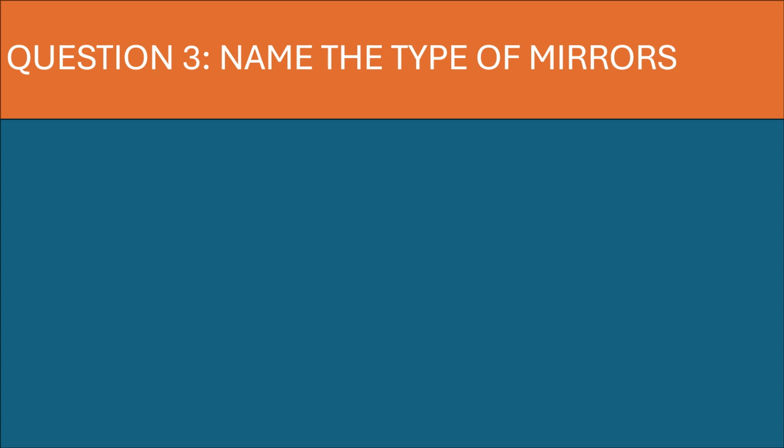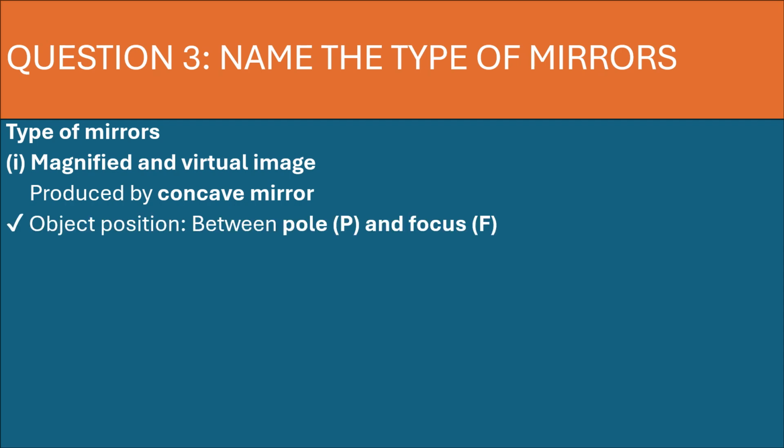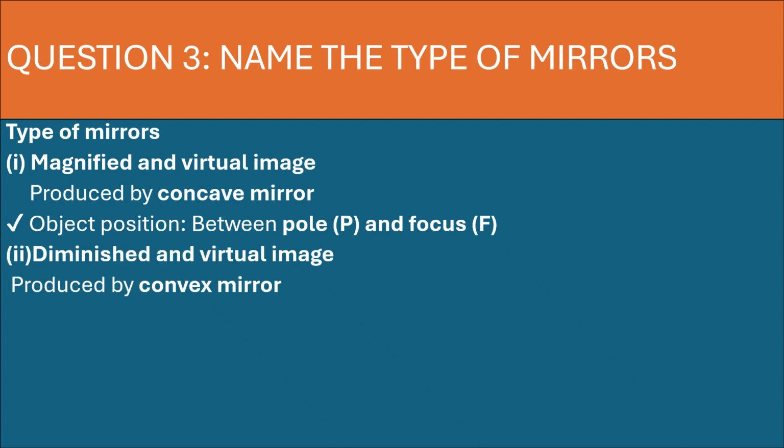Now, name the type of mirrors. This is just a mixed bag type of question which I wanted to share with you all. If we understand the magnified and virtual image, it is produced by which mirror? That is the concave mirror, and the object position is between pole and focus. When we talk about a diminished and virtual image, it is produced by which mirror?